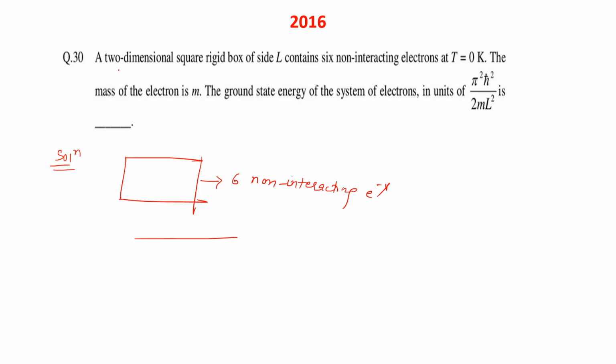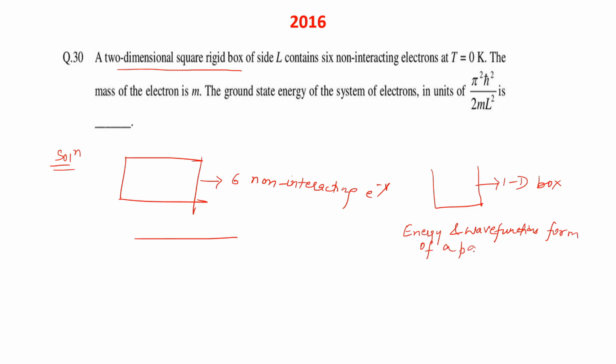So it is given to us a two-dimensional rigid box, right? And we know that for a particle in a one-dimensional box, the energy is given by n square pi square h cross square upon 2ma square, where n is the energy level and a is the width of the box.